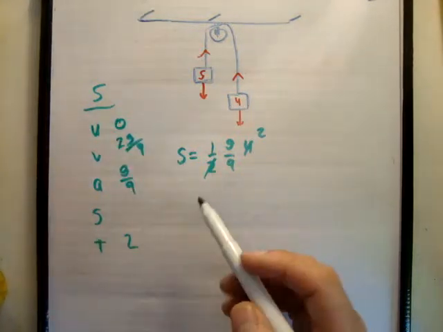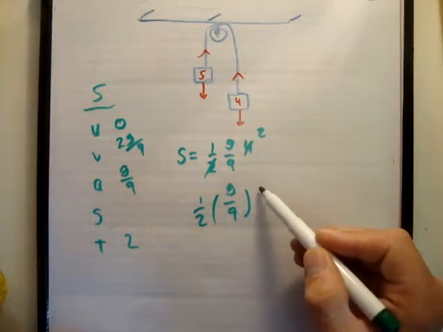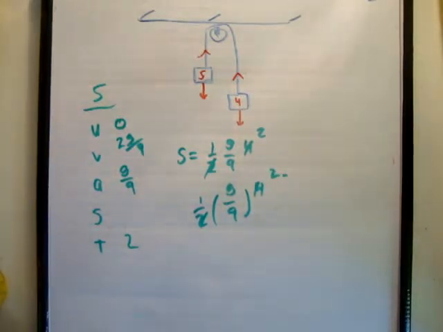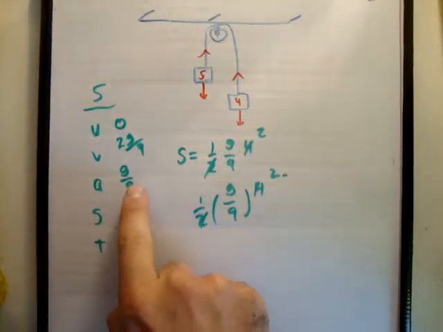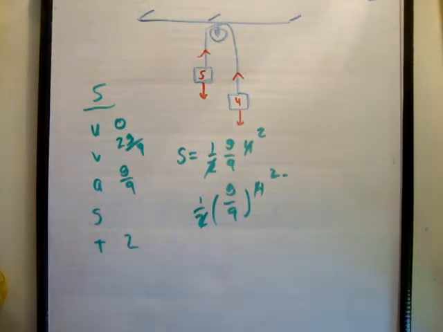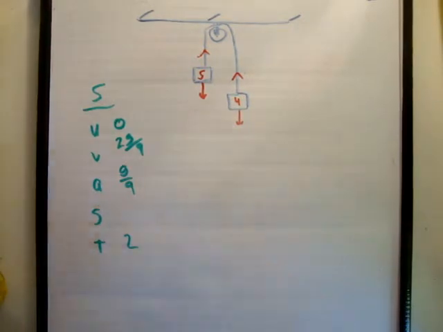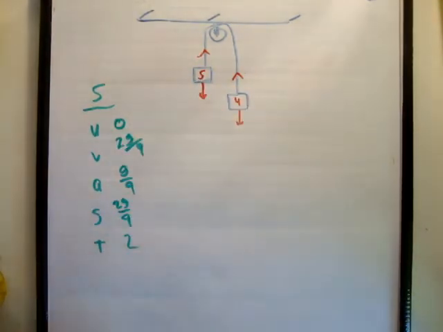Oh yeah, v is equal to u plus a times t, so that's correct. So 2g over 9 as well. Sorry, I was just getting a bit confused there myself. Alright, so that's for the 5 kilo mass.